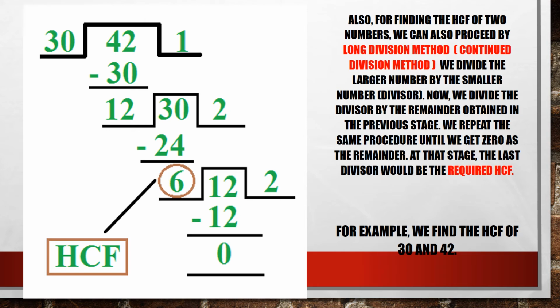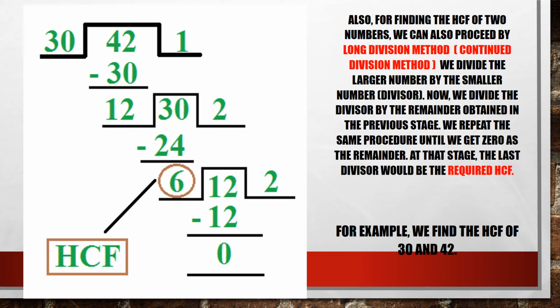You divide the previous divisor, that is 30, with 12 and you get the quotient as 2 and the remainder 6. Dividing with the previous divisor 12, we get the quotient 2 and the remainder 0. We repeat the procedure till we get the remainder 0.